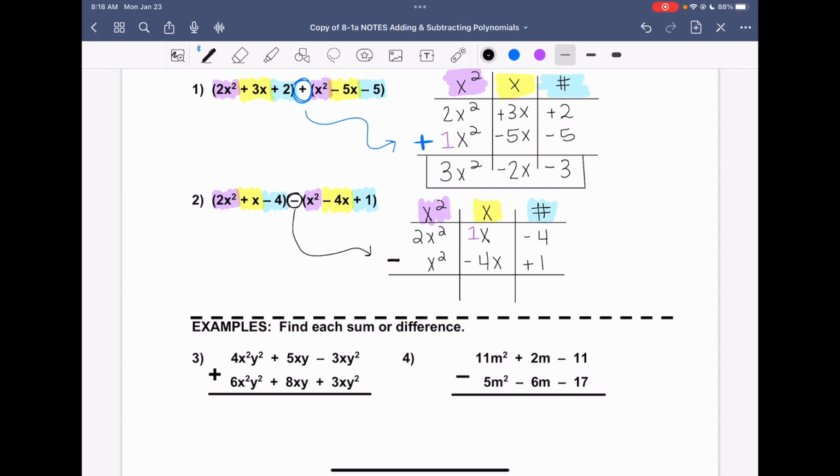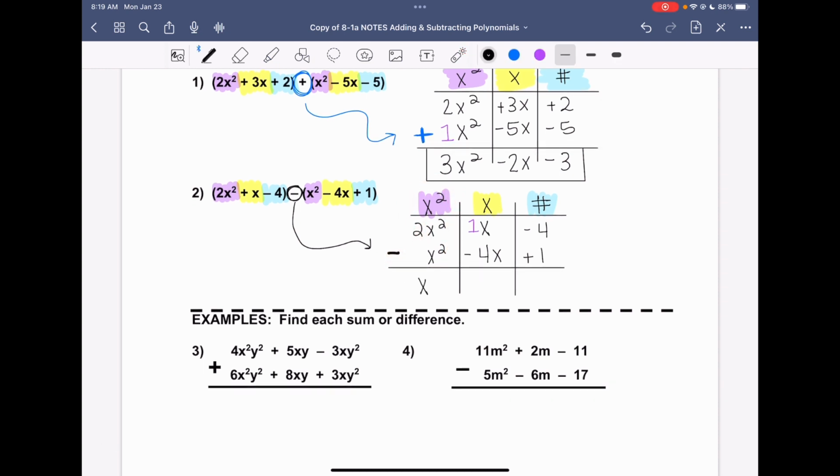So now as I'm looking at my x squareds, it's 2 minus 1. So what is 2 minus 1? I have 1x squared left. Okay, and you can put that 1 there if you want for now. And then I have 1 minus a negative 4. 1 minus a negative 4 will actually give us a positive 5x.